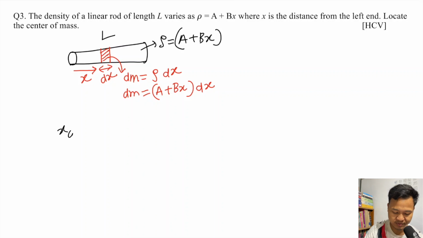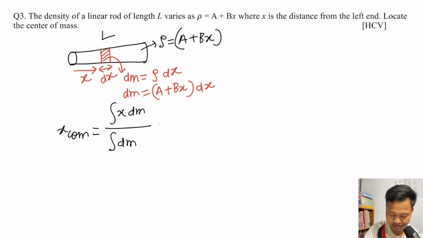Now the center of mass is integral x into dm divided by integral dm.